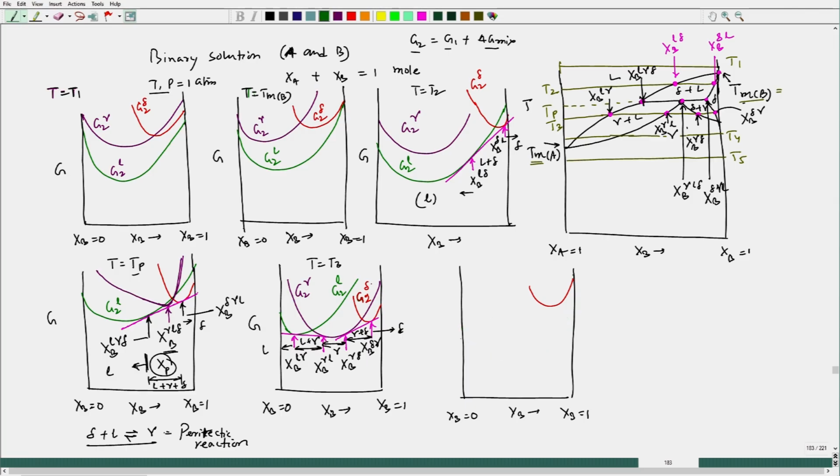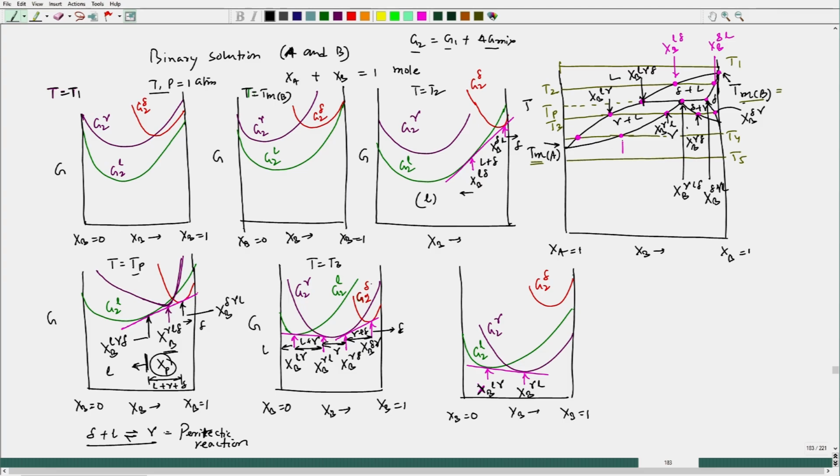Liquid, I can do it a little like this, and gamma would be like this. This is G2 gamma, this is G2 delta, and this is G2 liquid, and we can have a common tangent here also. So, these two are the compositions Xb liquid in equilibrium with gamma, Xb of gamma in equilibrium with liquid, and those two compositions are marked here.